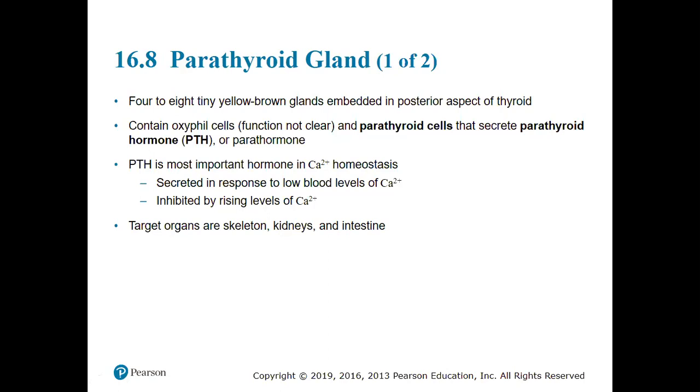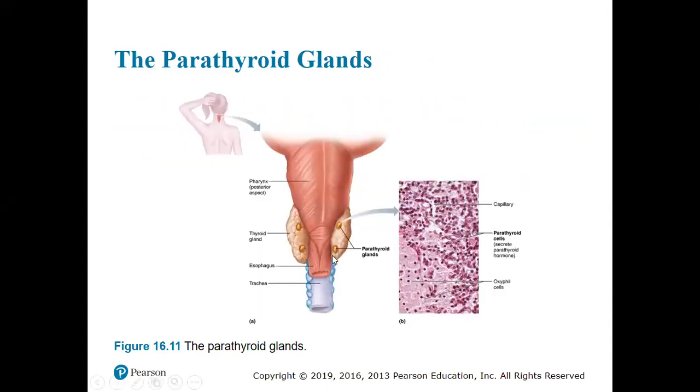This hormone is important because it's the balance of calcium, so it secretes in response to low blood levels of calcium. So if you have low blood levels, parathyroid hormone is going to be produced by your parathyroid glands. Notice how this has an effect way, way, way far from the point of origin.